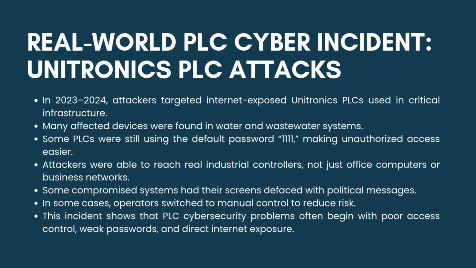This case is important because it shows that attackers were not just targeting office computers, they were reaching actual industrial controllers. In some cases, systems were defaced, and operators switched to manual control to reduce risk. The big takeaway is that PLC cybersecurity often comes down to basic protection. Do not expose PLCs directly to the internet, change default passwords, secure remote access, and protect every entry point into the control system.